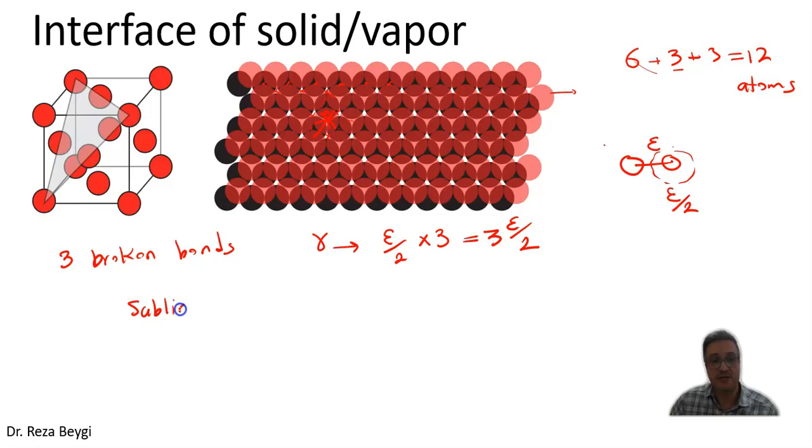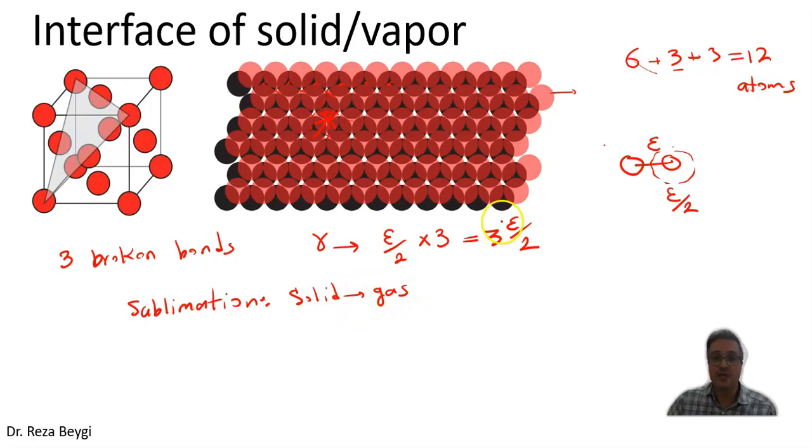Sublimation means that we have a phase transformation from solid to gas. It means that we break the atomic bonds in the solid state, and we have individual atoms in the gas state.